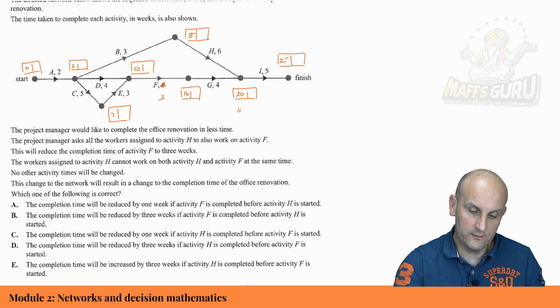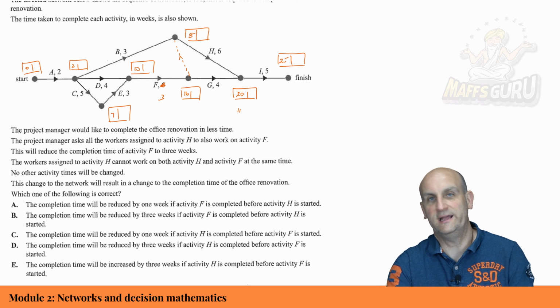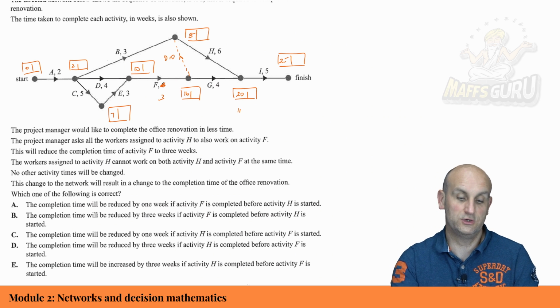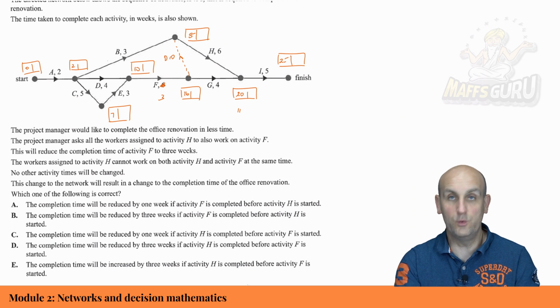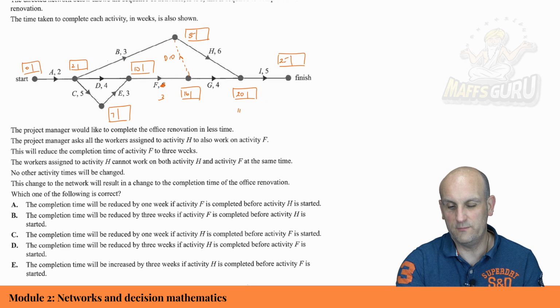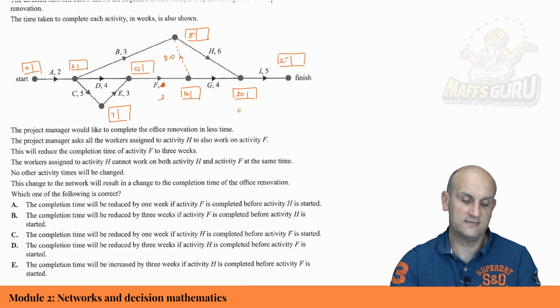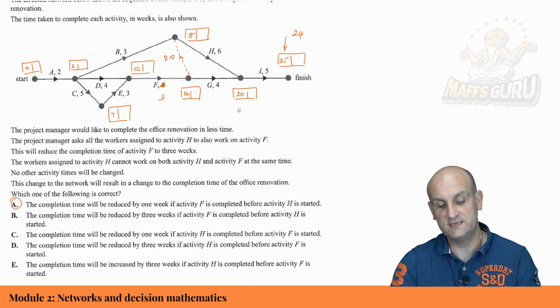So you have to do a dummy here. All right, so D, 0 is a dummy to say that H can't start until F is finished. When you do all of that and you go through and change all these numbers, this number here becomes 24. So basically, as far as I'm concerned, A is the correct answer. If you do work through B, C, D, and E, they aren't actually true.